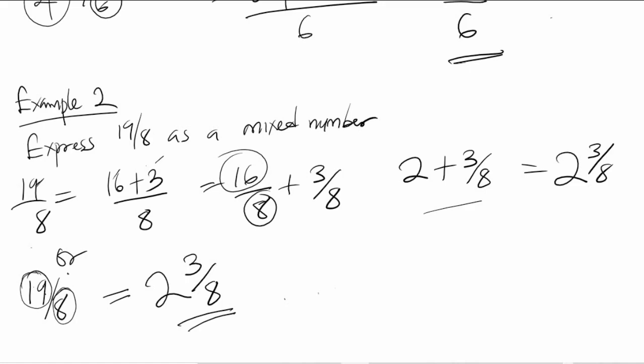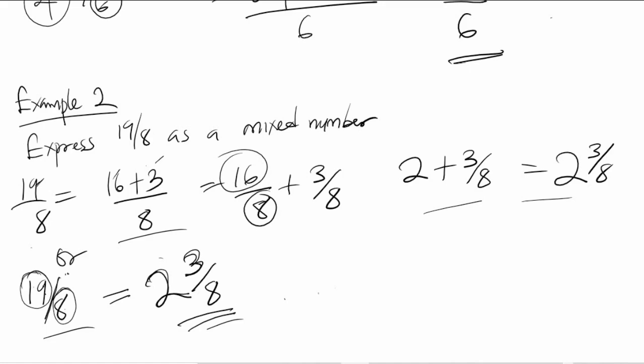You can either use this method or you use this. I'll come again with this method. 8 cannot divide 19 completely without a remainder, and the closest number to 19 that 8 can divide is 16. 16 divided by 8 is this 2 here, and 19 minus 16 is 3.